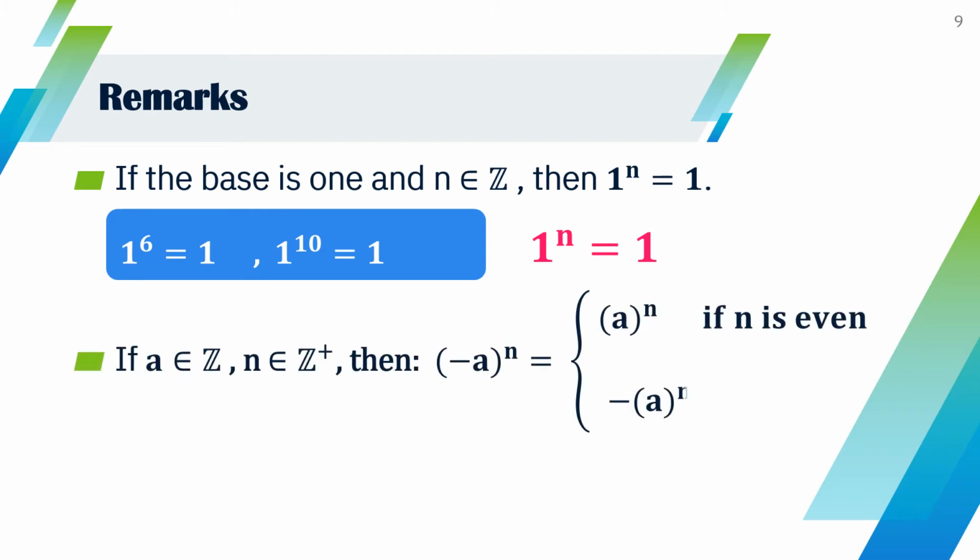Number 2, if a belongs to Z and n also belongs to Z positive, then negative a power n will be equal to a power n if n is even, and equal to negative a between brackets power n if n is odd.